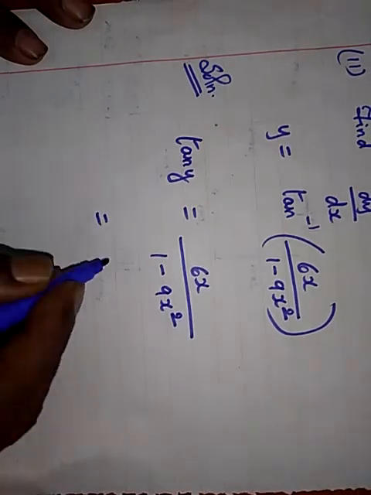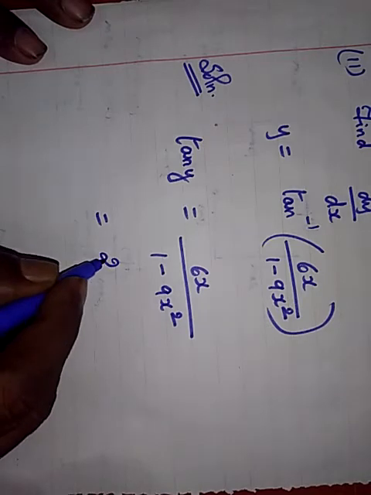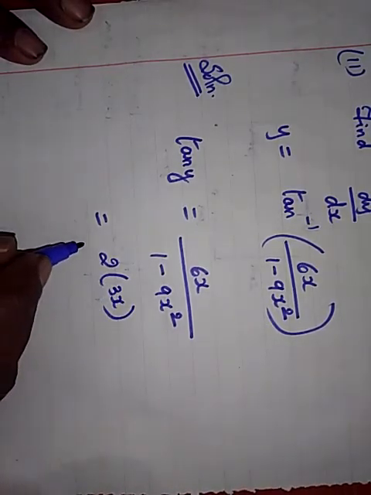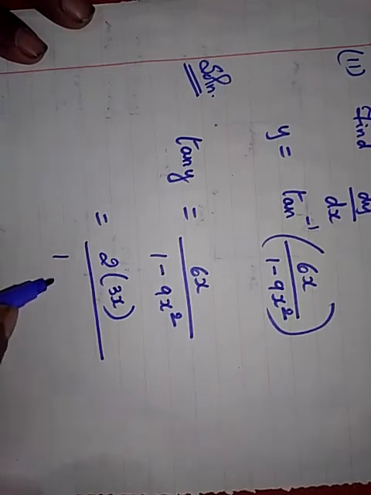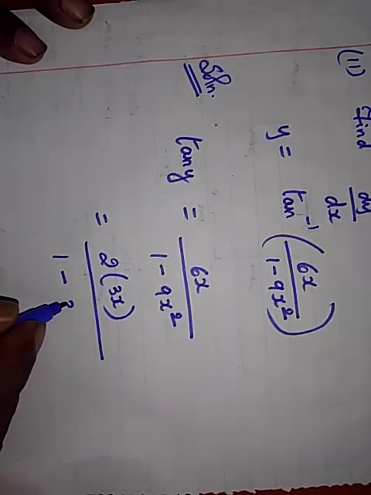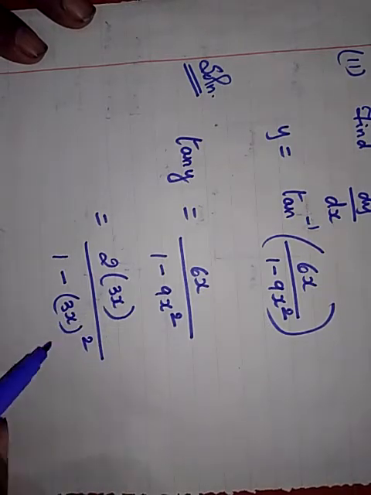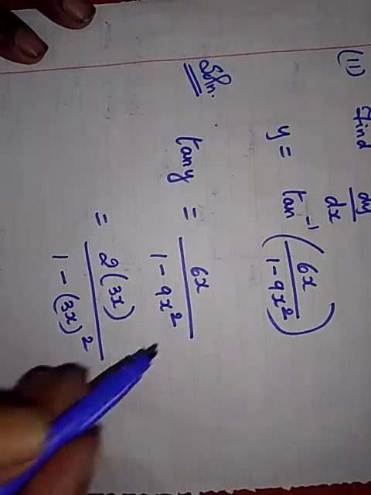Now this 6x can be written as 2 into 3x. 6x divided by 1 minus 3x the whole square. 3 squared is 9, x squared.